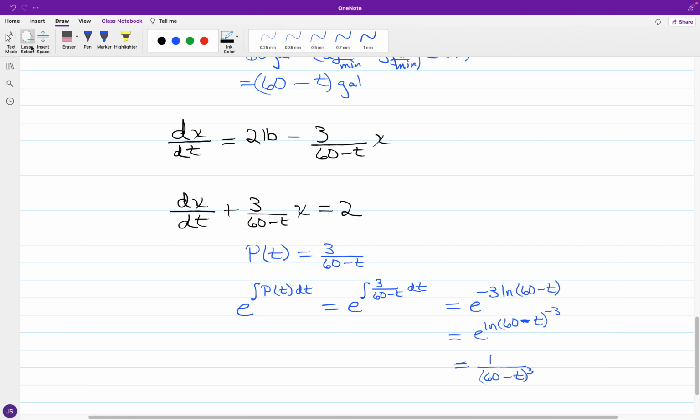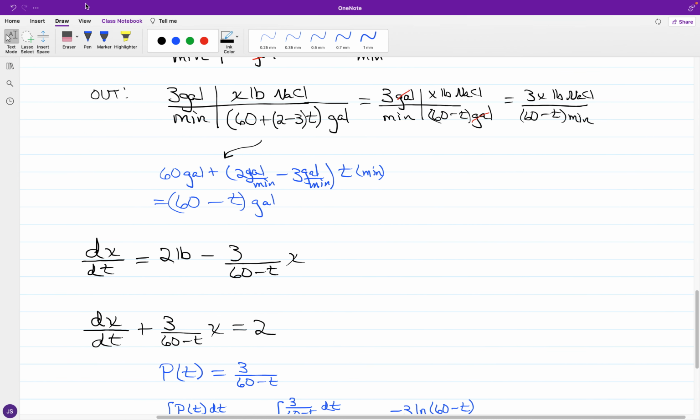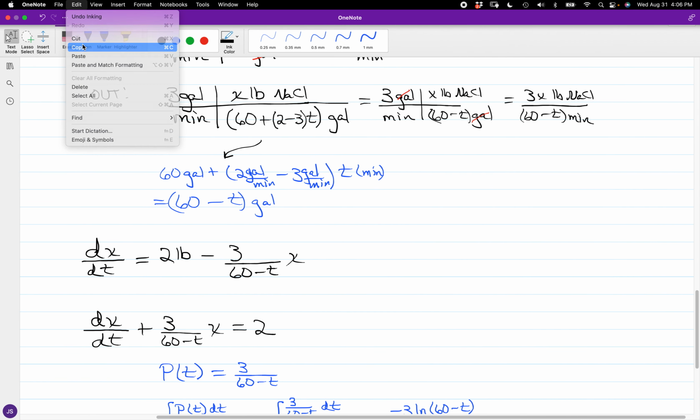And with this as our integrating factor, we can multiply the terms in the standard form by this.